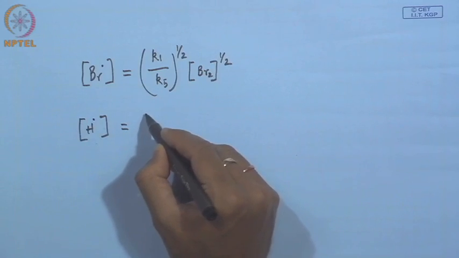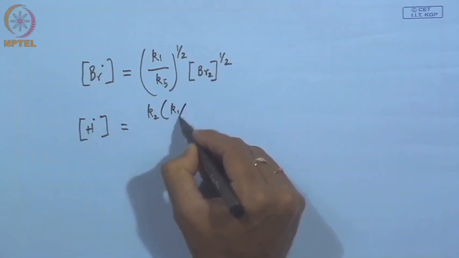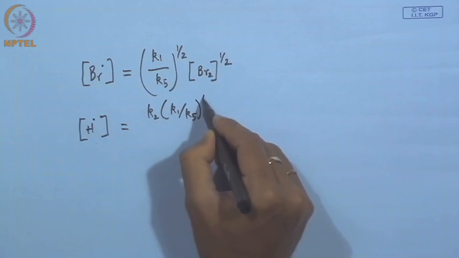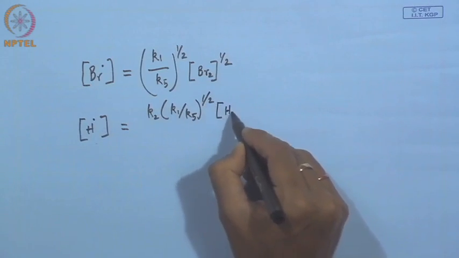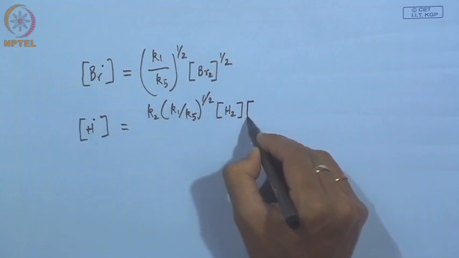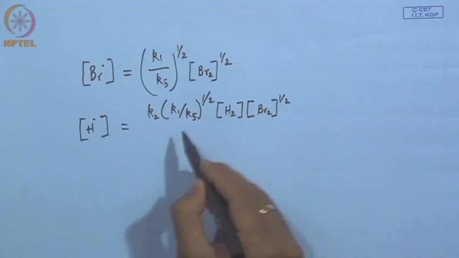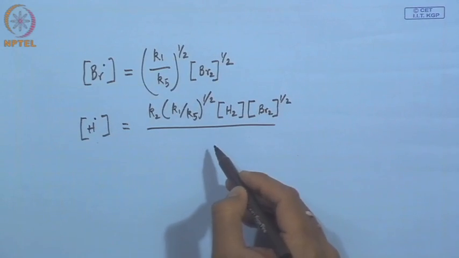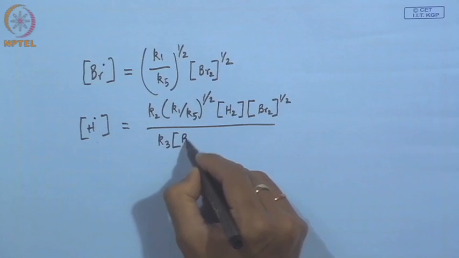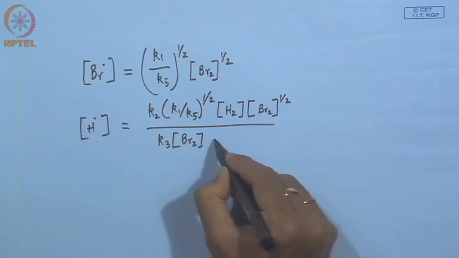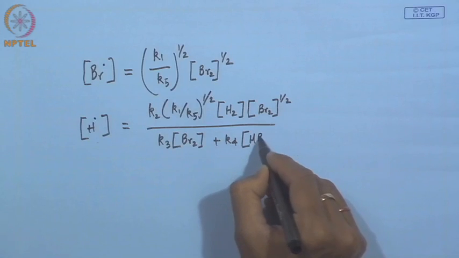[H•] is equal to k2 (k1/k5)^(1/2) [H2] [Br2]^(1/2) divided by k3 [Br2] plus k4 [HBr].